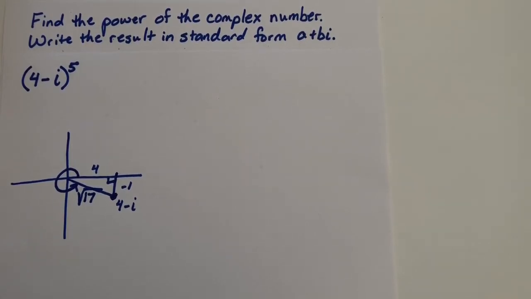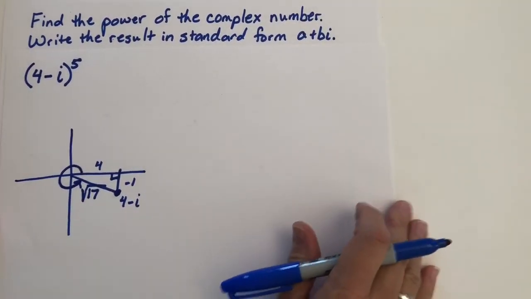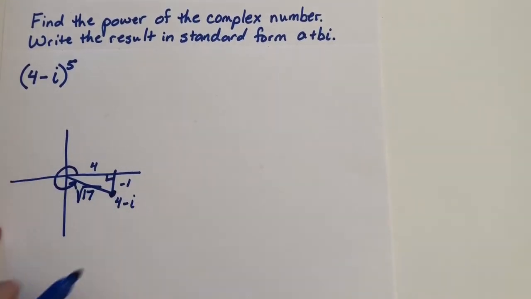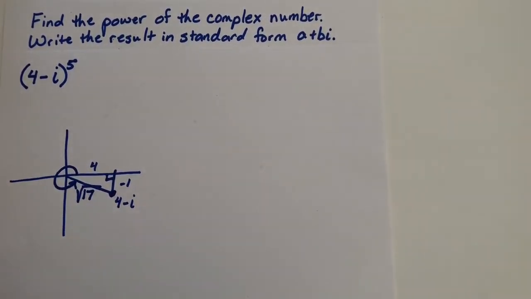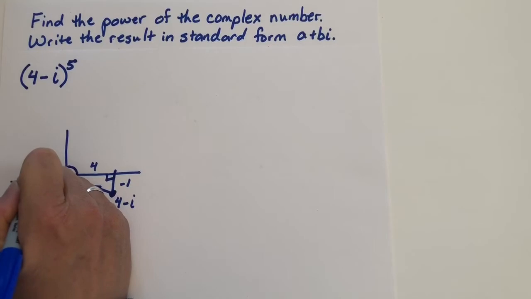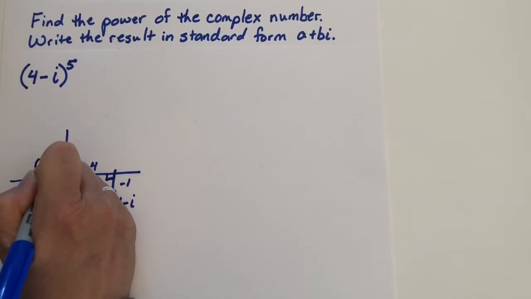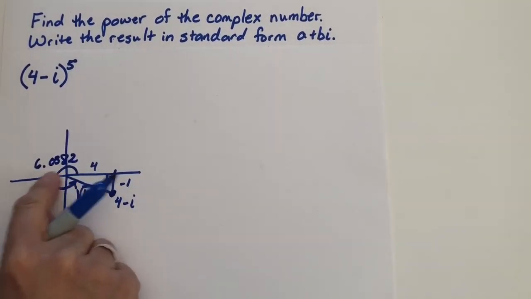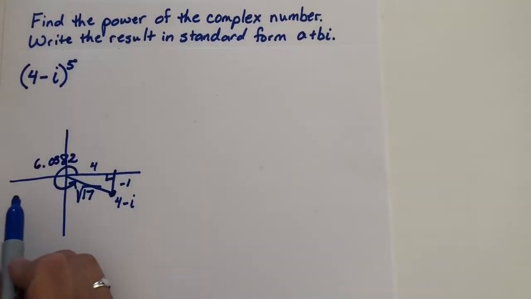If you do the inverse tangent of negative 1/4, you'll find that you get negative 0.2449. And for a negative angle, I just want to put the angle between 0 and 2 pi, so I'm just going to add 2 pi to that. So I get this angle is 6.0382. And I gave quite a few places because I would like my answer to be pretty accurate.